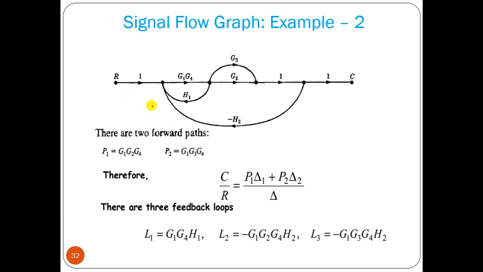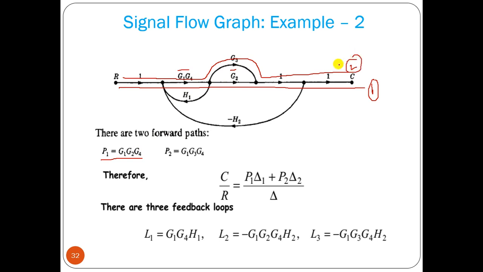First, from the signal flow graph we have to find out how many forward paths there are. This is one forward path, P1, with gain G1 G2 G4. And we have another forward path this way, the second forward path.